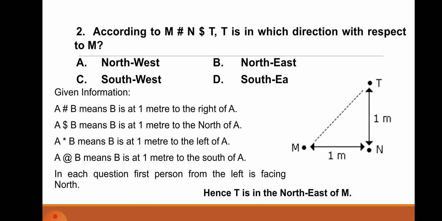Then N dollar T. Dollar means T is 1 meter to the north of N. So from N in the upward direction I plot the T point at 1 meter distance. So I have got M, N, T points. In this diagram it is asked in which direction T is with respect to M. That means T is between north and east, therefore T is at the northeast of M. So the answer will be B.